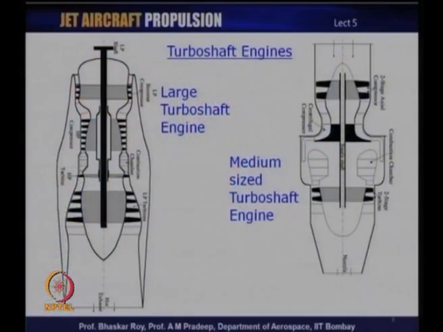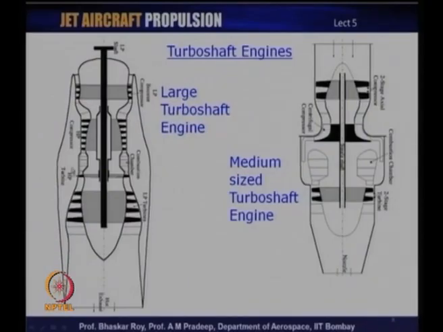So, only a small part of that thrust is available for forward flight. So, this is the kind of engine that is simply called a turboshaft engine, because it produces shaft power and makes a rotor rotate in the horizontal plane. So, let us take a look at this turboshaft engine, which is shown in the diagrams over here.